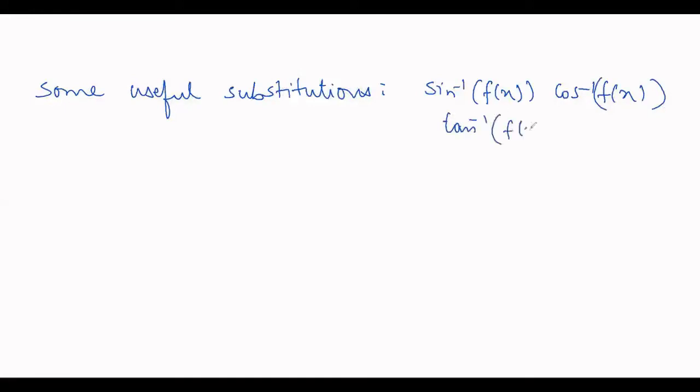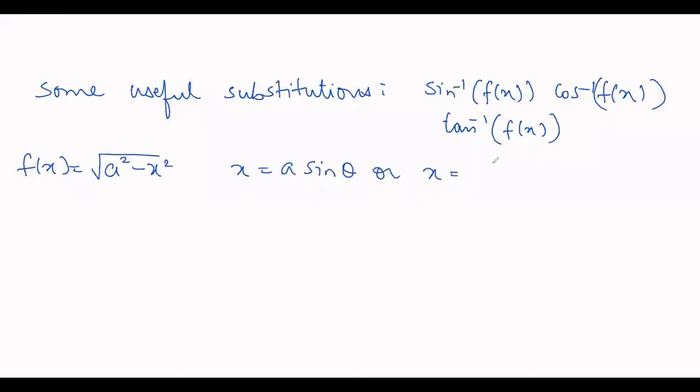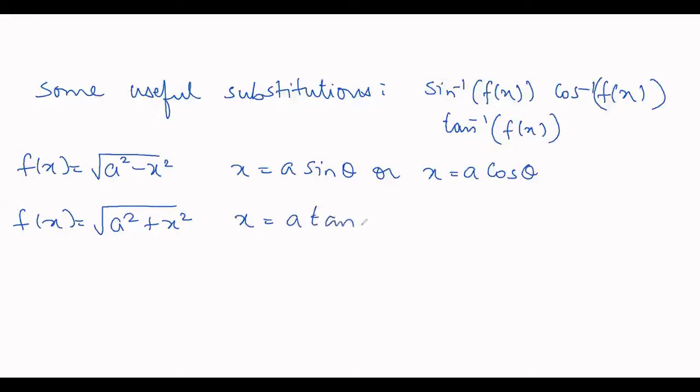Then say you had f of x is equal to square root of a squared minus x squared, then you'll use a substitution x is equal to a sine theta or x is equal to a cos theta. Next, if you had f of x in the form square root of a squared plus x squared, you will substitute x is equal to a tan theta or x is equal to a cot theta.